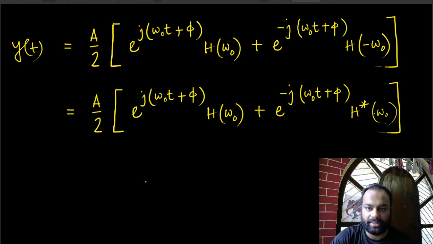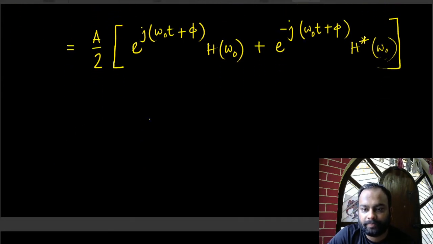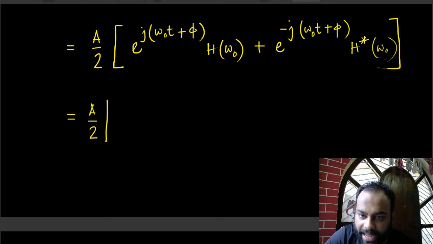Is there any problem with this? If there is any problem with this, please let me know. I just derived this, right? So with that said, now try to understand what I am doing.